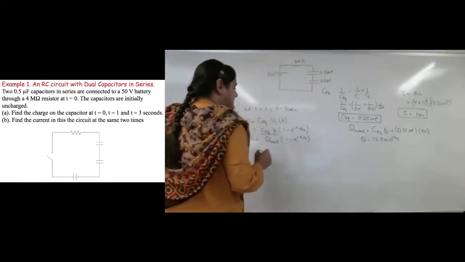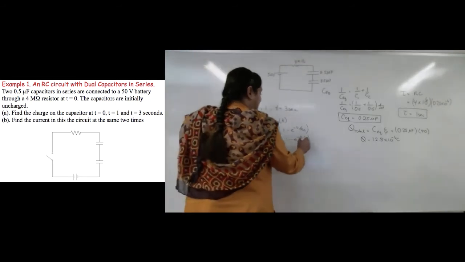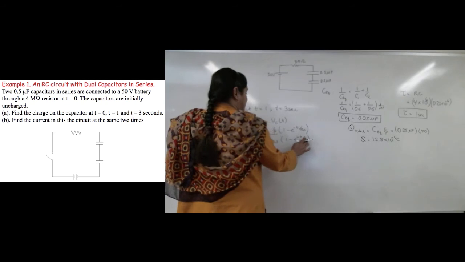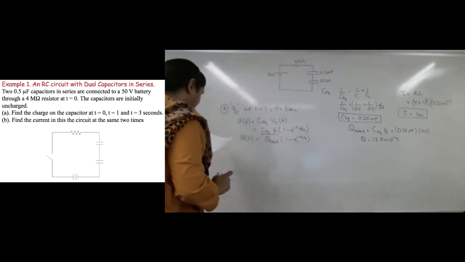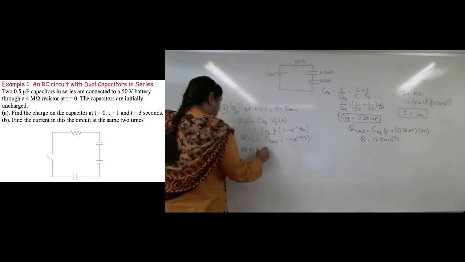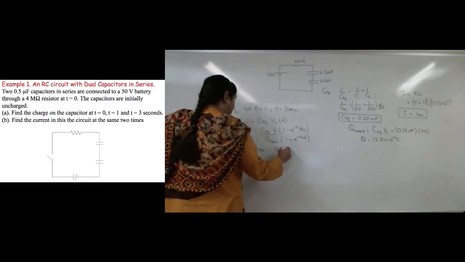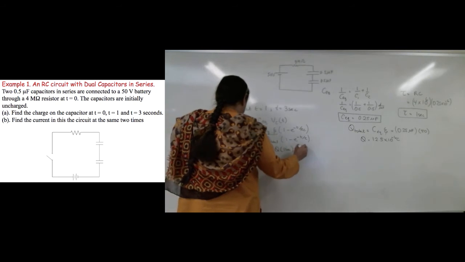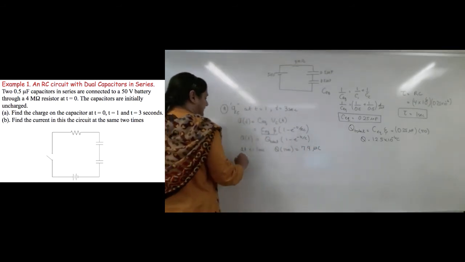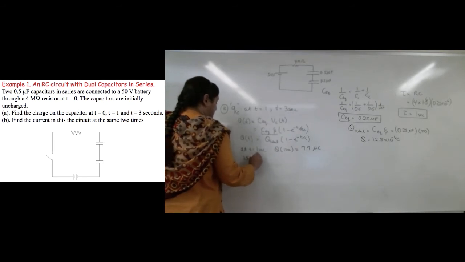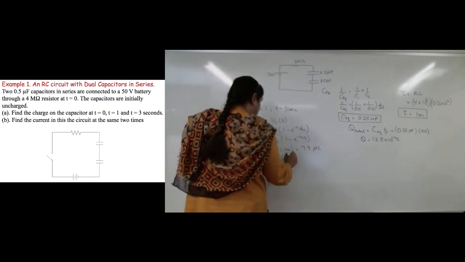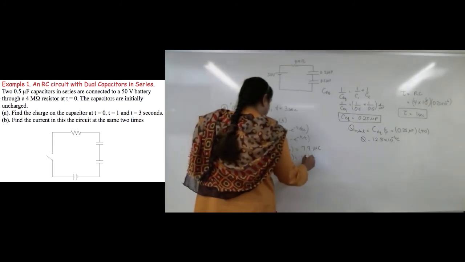So I take that value and plug it in. This is my time constant, tau, and I can calculate it at any given time. So at t equals 1 second, Q will be equal to 7.9 microcoulomb. And at t equals 3 seconds, Q will equal 11.9 microcoulomb.